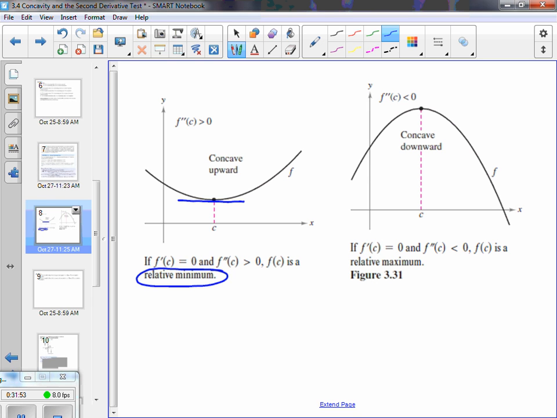And then look at the second graph. The second derivative is negative. I know that for a fact because that graph is concave downward. And then there at x equals c, the first derivative equals 0. I know that because there's a horizontal tangent line there.